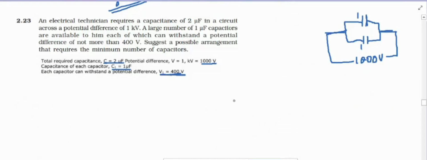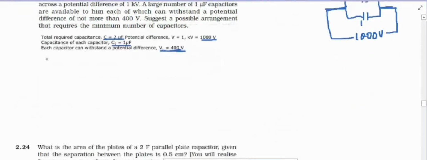Here we assume that n capacitors are connected in series. When n capacitors are connected in series, we can calculate the potential difference across each capacitor.